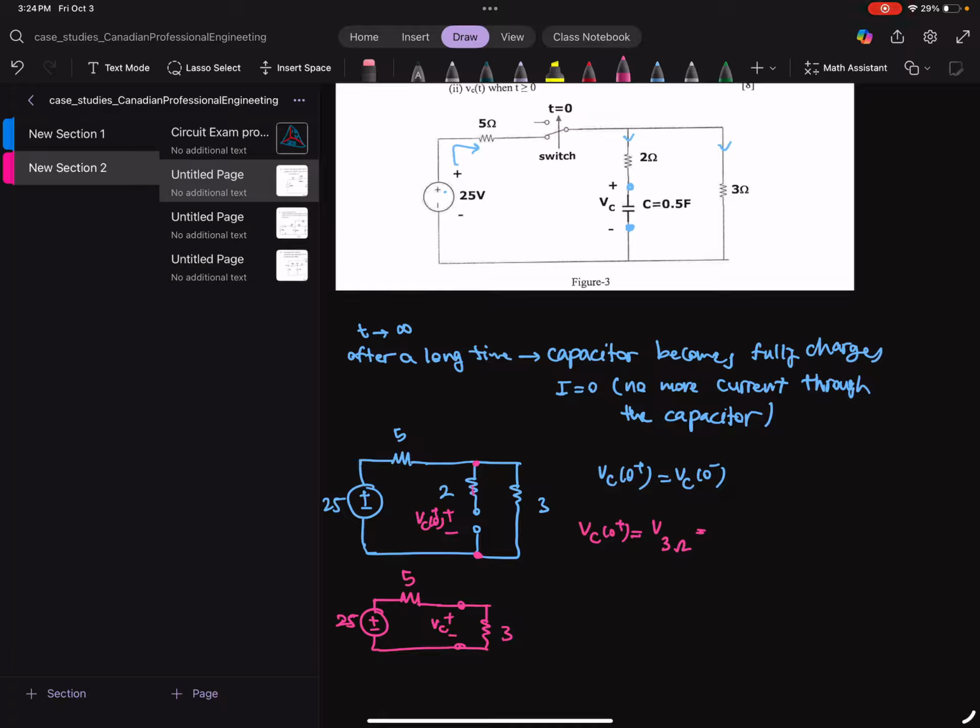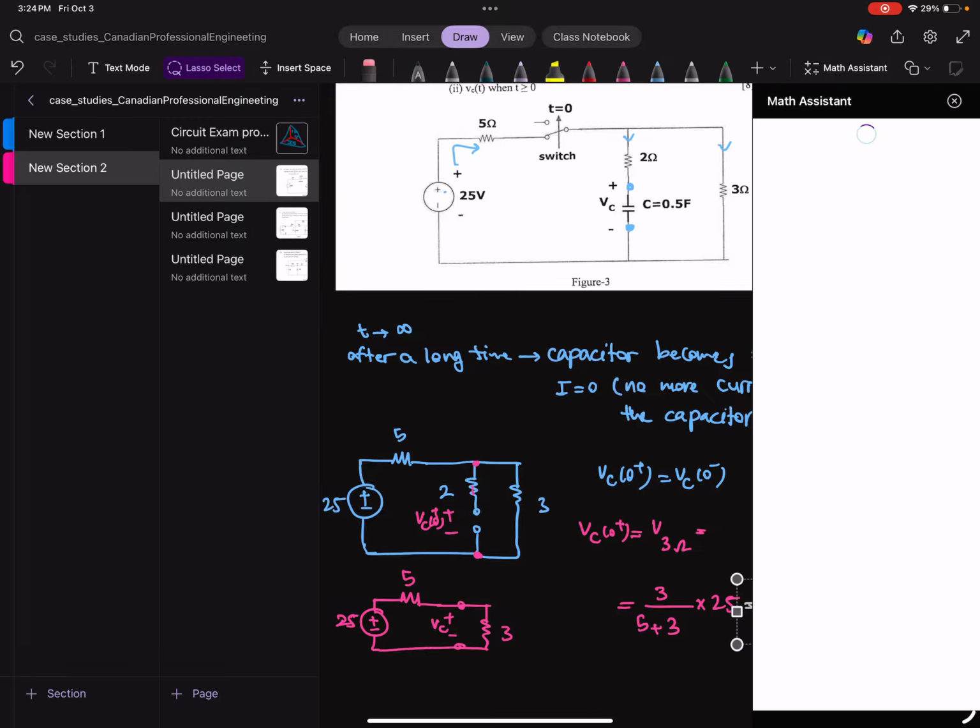So this becomes a simple voltage divider: 3 ohm over 5 ohm plus 3 ohm, because the 5 and the 3 are in series, multiplied by 25. So that's 3 multiplied by 25 over 8. Okay, let me write this better and then see if this gets solved for our math.